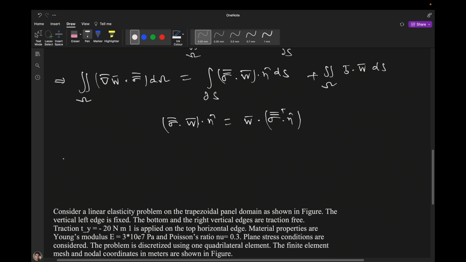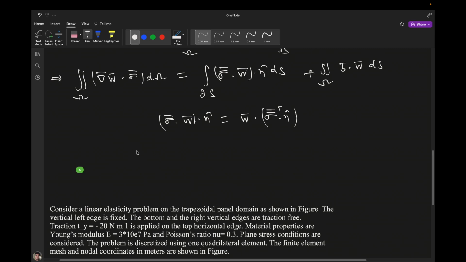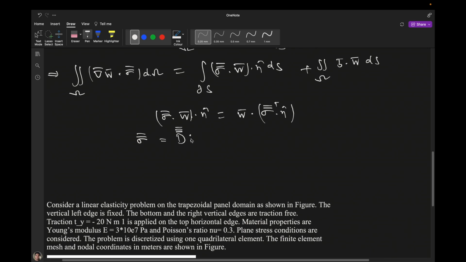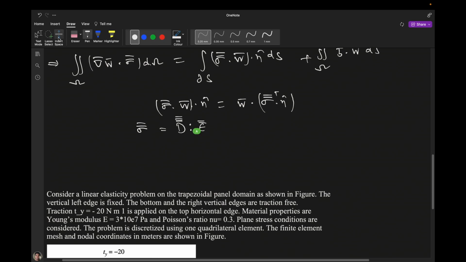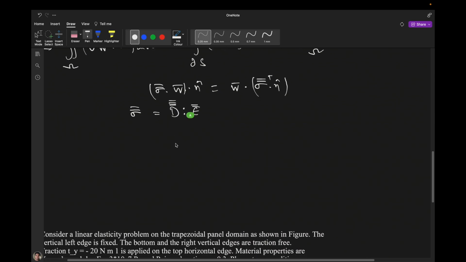So here we can directly use that, and we also have to use one more thing, that we already know: sigma equals D double contraction strain. And there is one more thing. What is that?